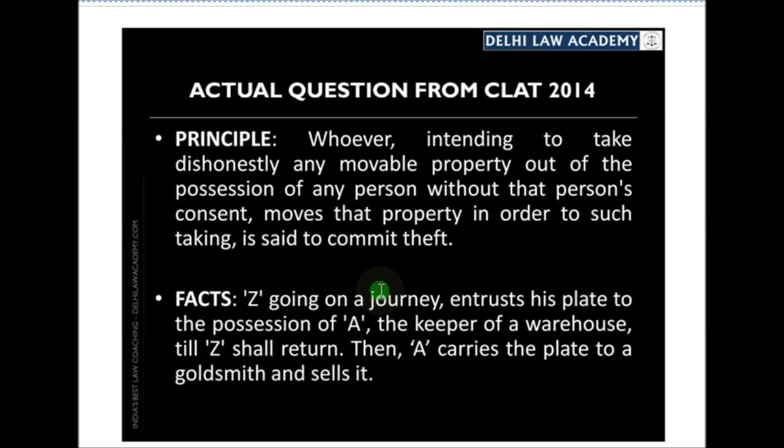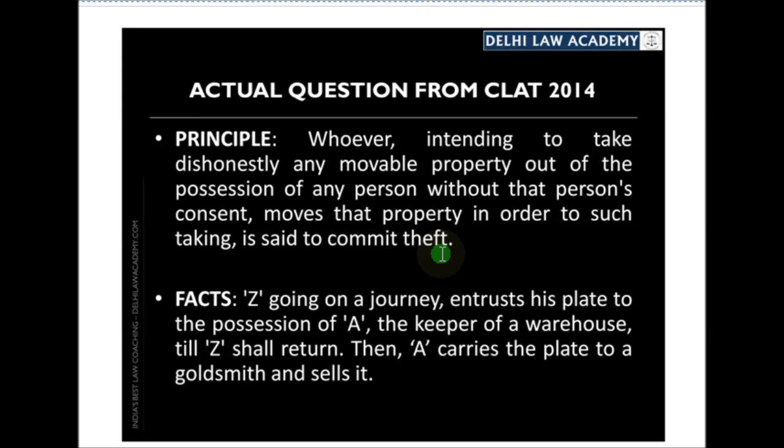First of all, let us note that theft can be caused only in respect of a movable property, which means not in respect of an immovable property. Secondly, the intention should be to take that property dishonestly. So we need to know the meaning of dishonestly, and if that property with that intention is moved, then the offense of theft is committed.